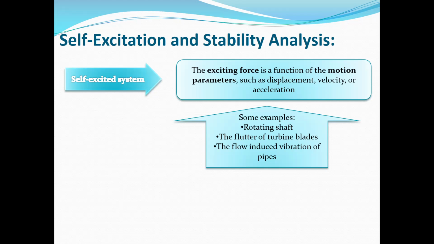In fact, this is the exciting force, which is a function of the velocity, and it happens in some systems, for example, in a rotating shaft, in flutter of turbine blades, in flow induced vibration of pipes, and a lot of other examples.